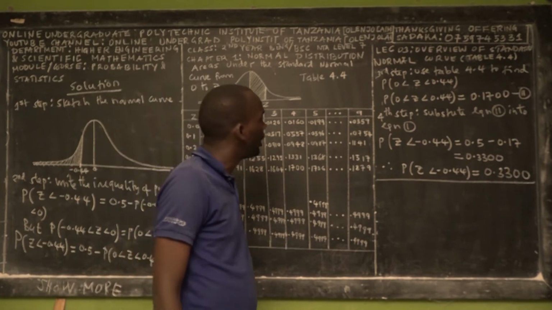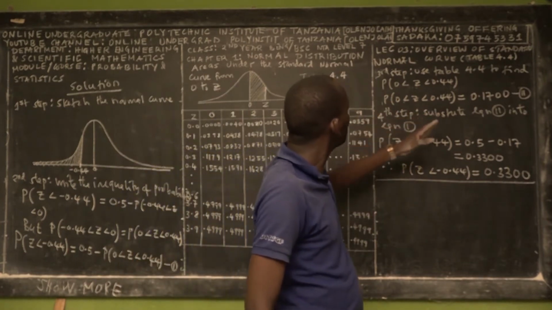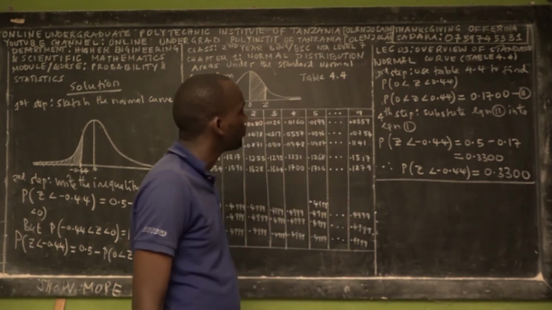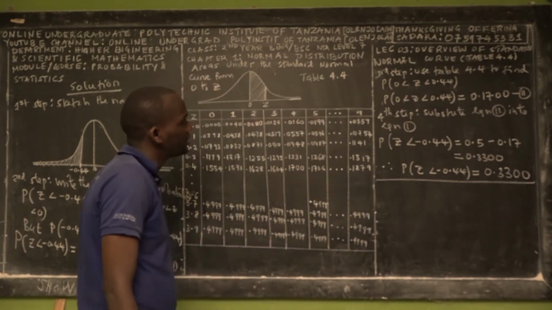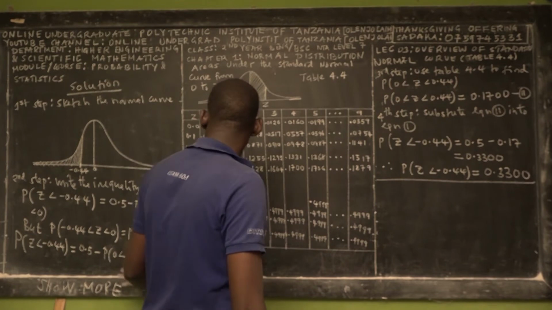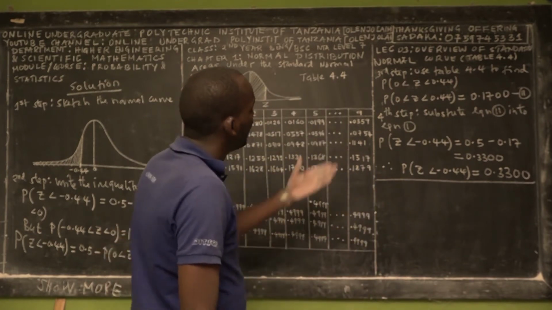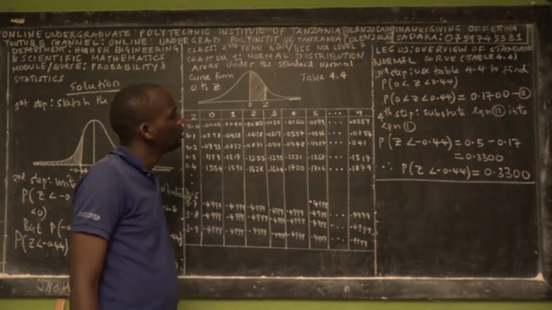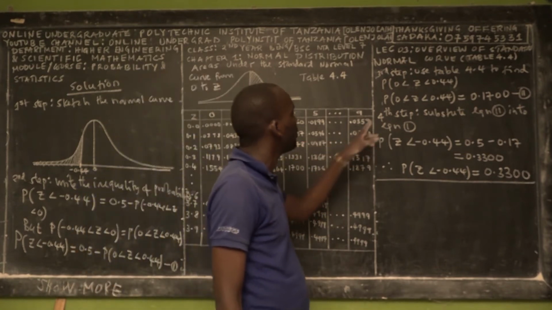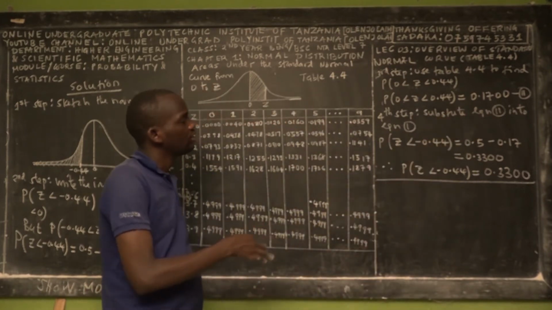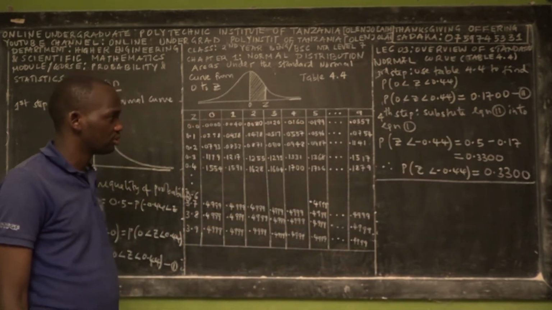Then the third step, we have to use table 4.4 to find the probability of 0 less than z less than 0.44, by using the concept of symmetry, if you do remember. By using table 4.4, we found the probability from 0 to 0.44 is equal to 0.1700.